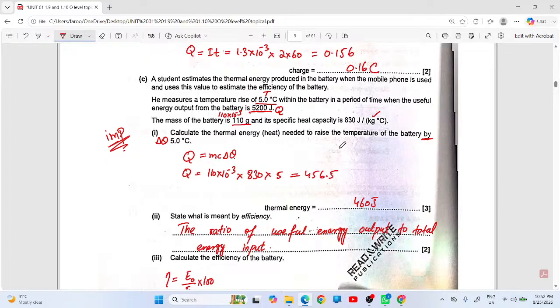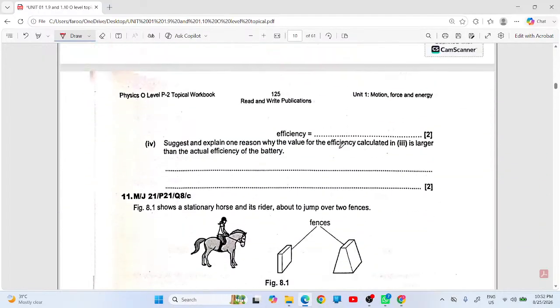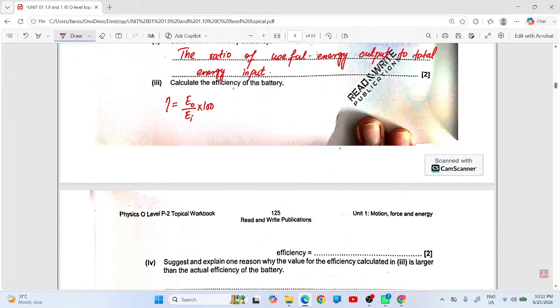Output energy is 5200. ठीक है. And the input energy is... Efficiency equals 5200 over input energy, multiplied by 100.